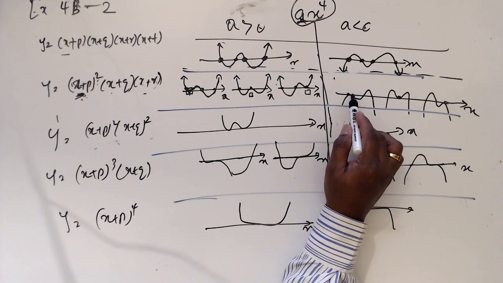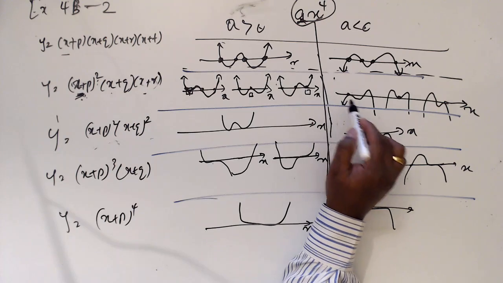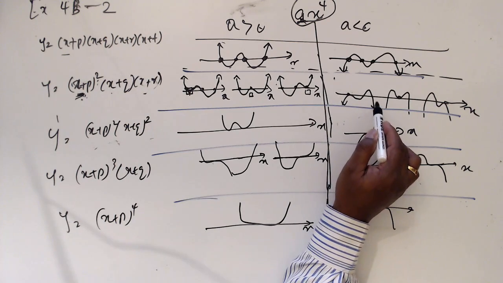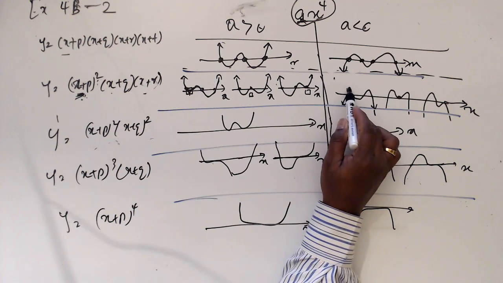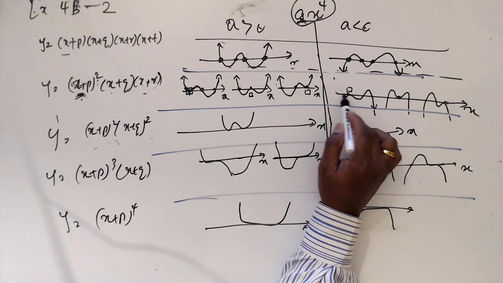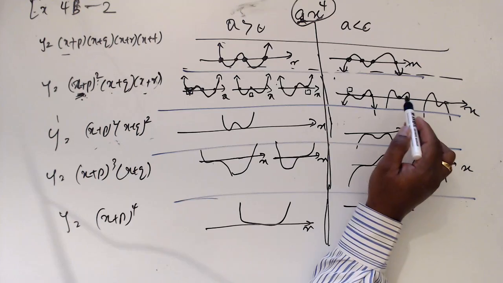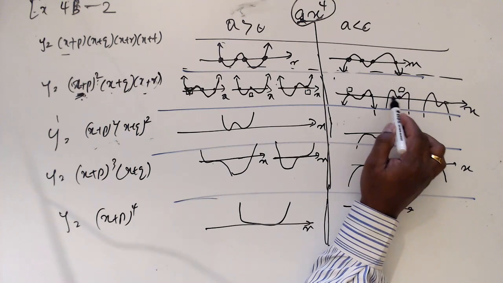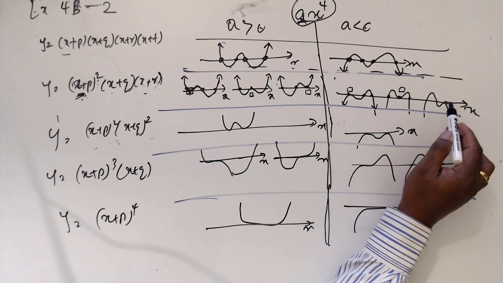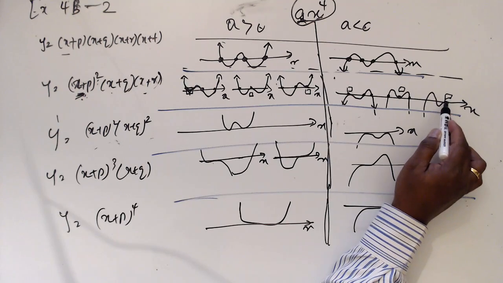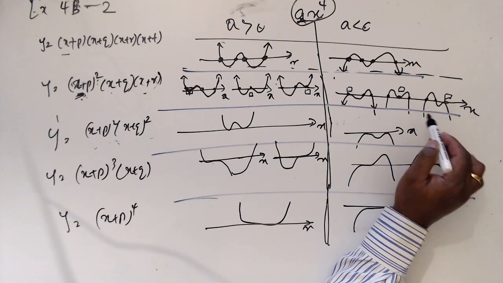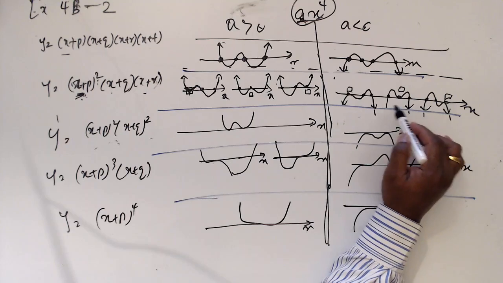Now when a is less than 0, it is going to be this kind of graph. So the repeated root is at the left from those two. Here the repeated root is in the middle. And here the repeated root is at the end from those two. But the graph goes down.